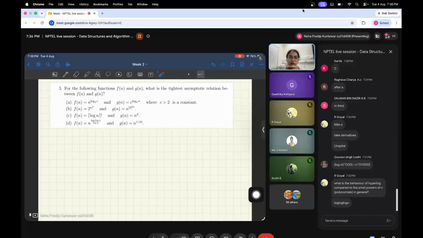So for each of these four sub-questions, you have to find the relation between f of n and g of n. That is, f of n is order g of n, or little o of g of n, or omega of g of n, or little omega of g of n.